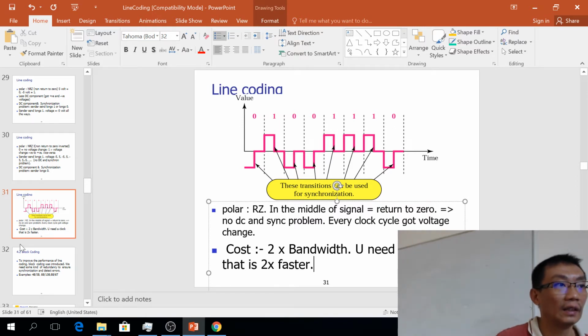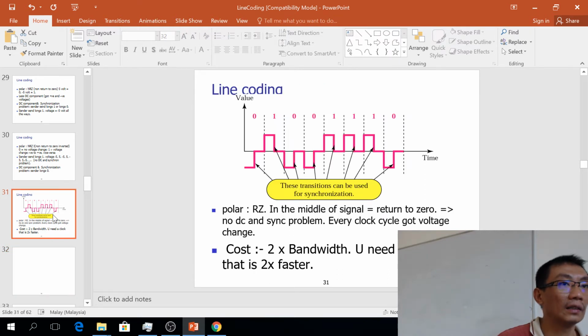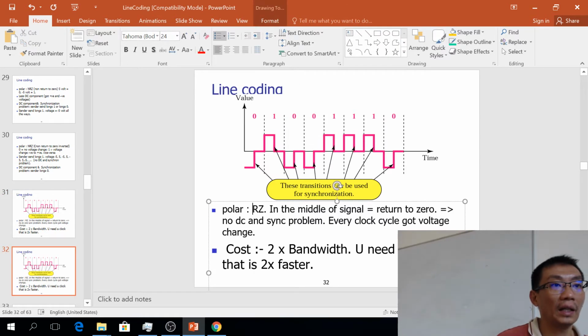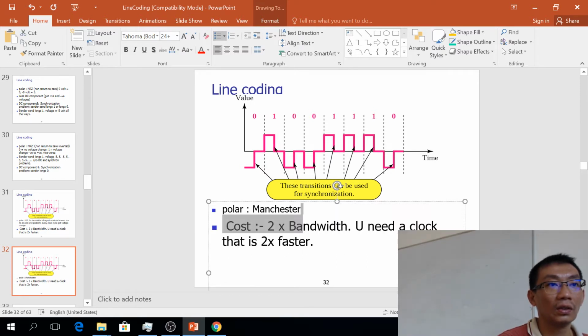Okay, then if you want to be better, then what you can do is that you use Manchester encoding. Manchester, same. So the cost is still the same.